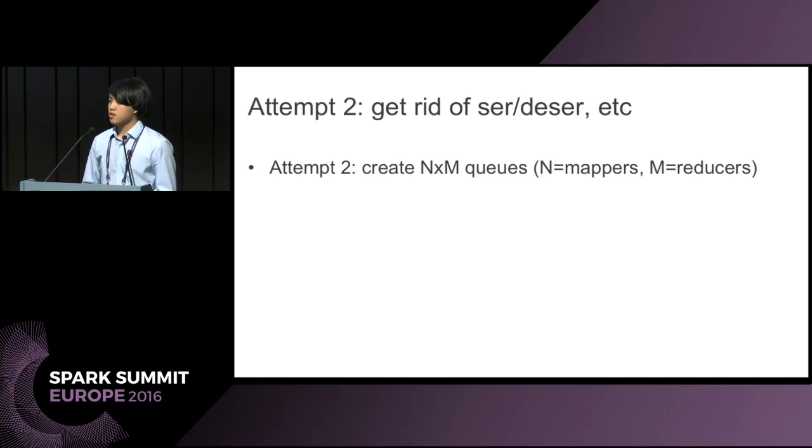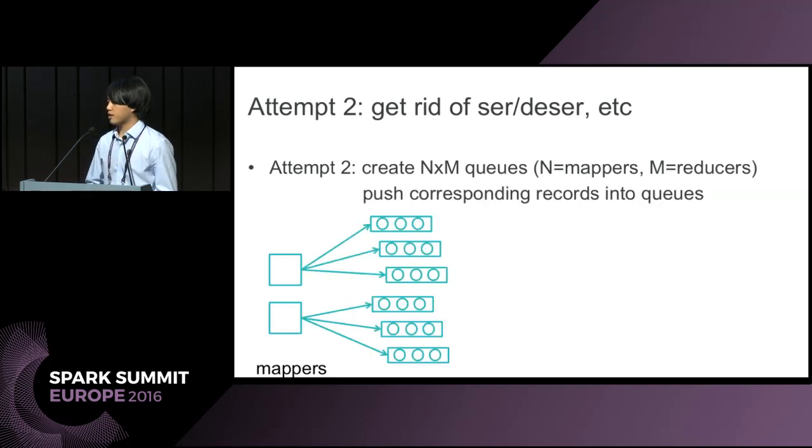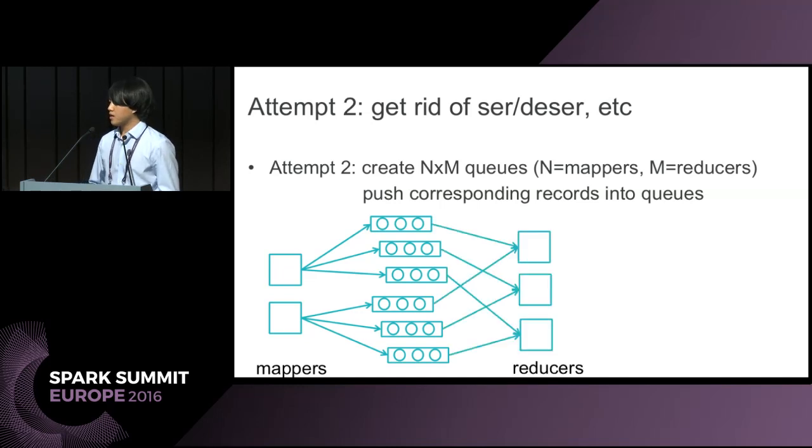For example, because now everything is running on a single node and we are sharing this piece of memory, what we can do is just create a bunch of queues and let the mappers write all those records into these queues. And on the reducer side, we are simply passing these references of the queues to the reducers, and the reducers can now fetch those records from those queues.